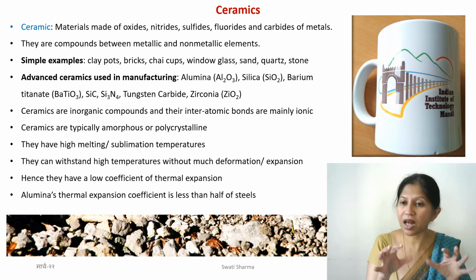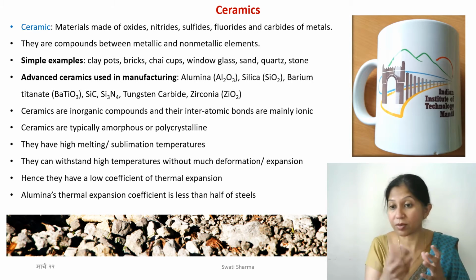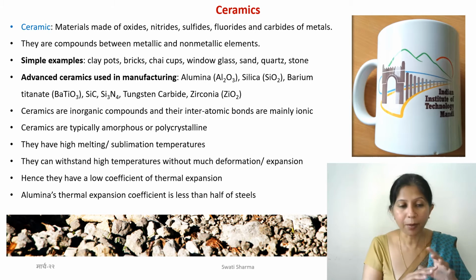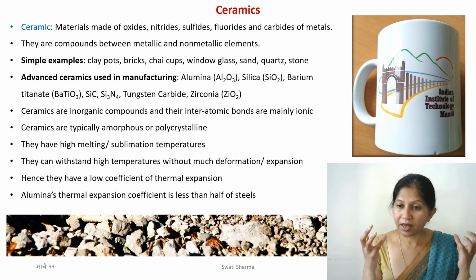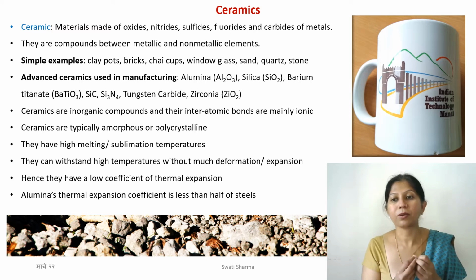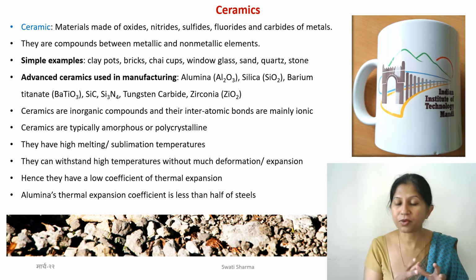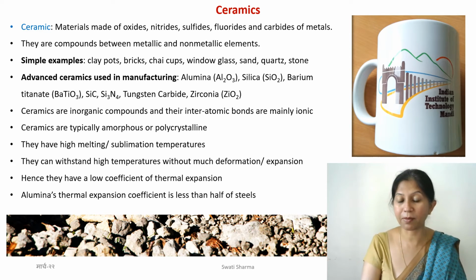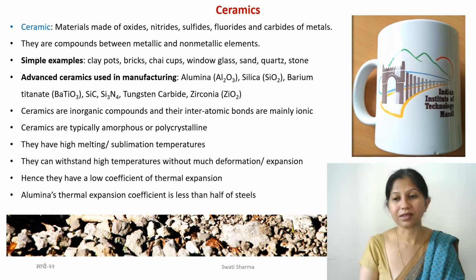So that means it is half of that of steel, right? And even lower in some cases. It also depends on which type of steel we are using. The point is that the very important thing that you need to know about ceramics, in terms of their properties, is that they can withstand very high temperatures. They are very good materials for high temperature applications, leaving glasses out of it.